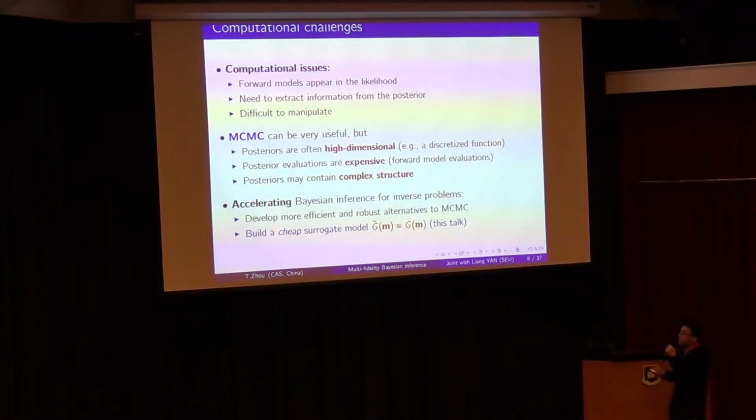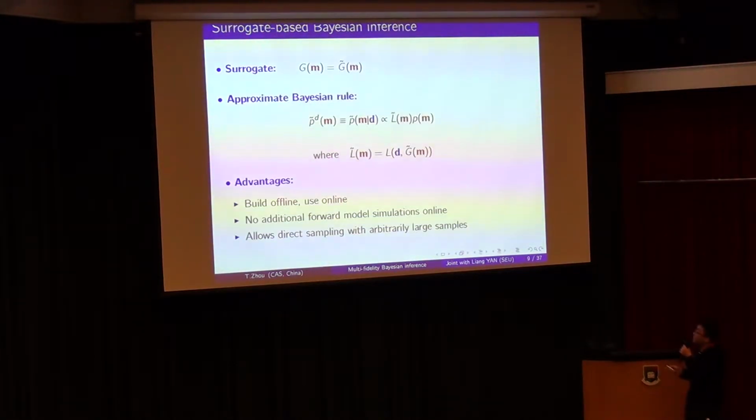But in this talk, I give you some basic ideas for the surrogate model as a method to speed up this approach. That is, we can build a very cheap surrogate model of the full model, and then use it with MCMC to speed up the computation.